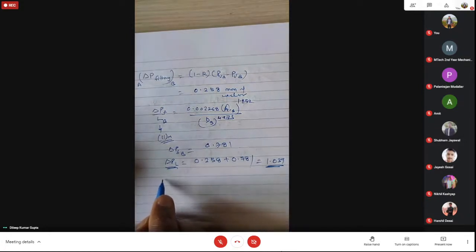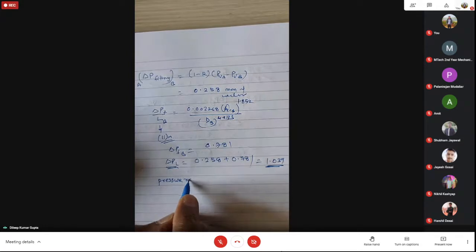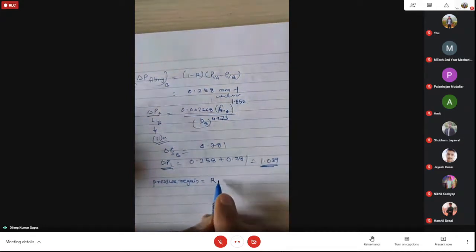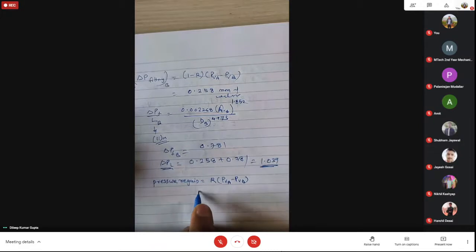So the pressure regain, this is the pressure loss. So pressure regain over here will be equal to R into PV_A minus PV_B. So this we can calculate, that is coming 0.774 here.